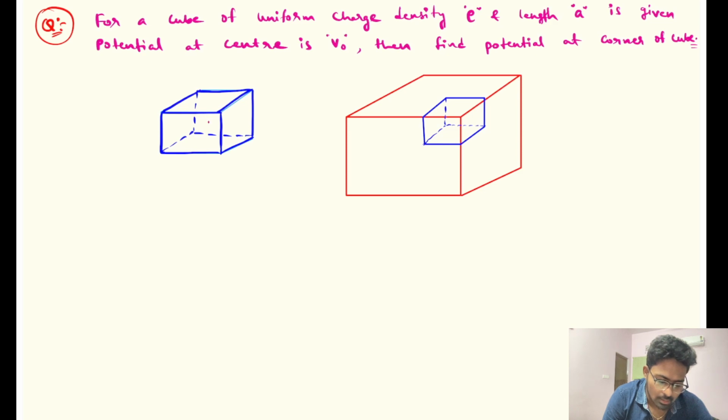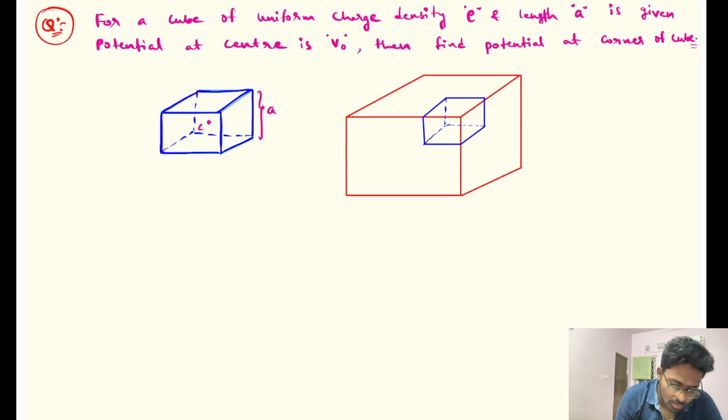Now they're asking: find the potential at the corner of the cube. So basically they have given the potential at the center, and now they're asking for the potential at the corner. Let me take this center as, let's say, C. Originally, the length is given as a.